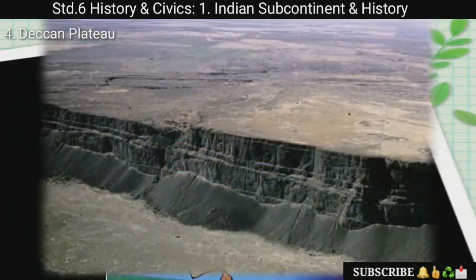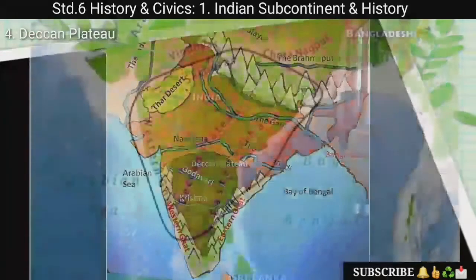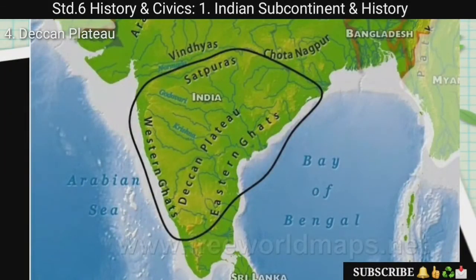Plateau is an area of fairly level high ground. You can see in the picture, student, so that you can understand what is plateau, or it is known as tableland or highland.